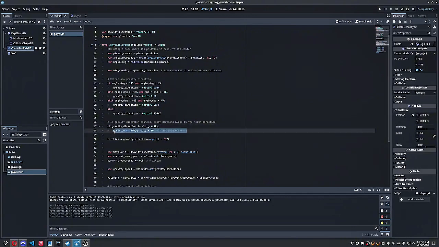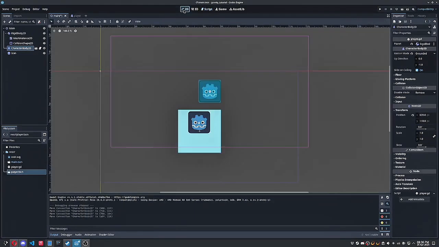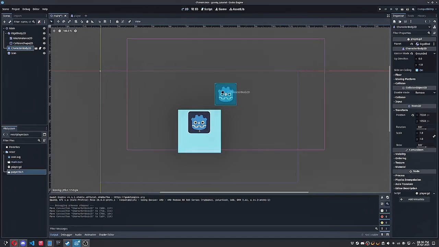And this here, what this does is it nudges the player down just a little bit right before they get rotated. So if the player is walking off, as soon as they get here, their gravity direction will change, but before they rotate, they get nudged down 30 pixels.